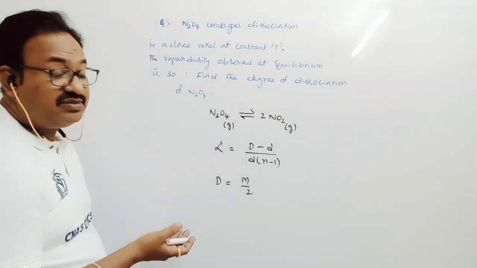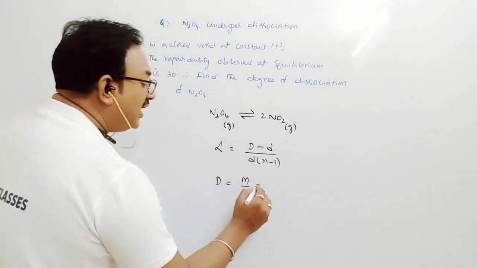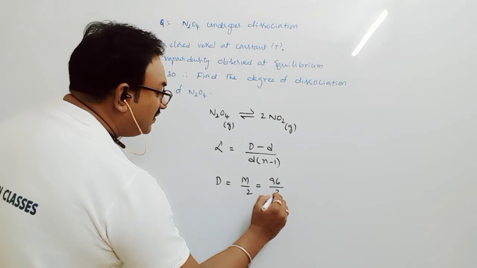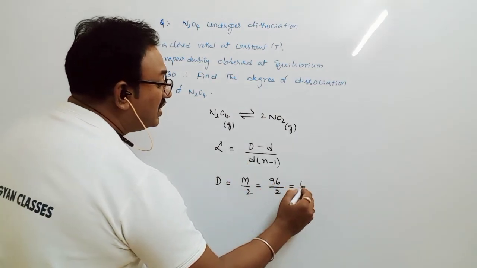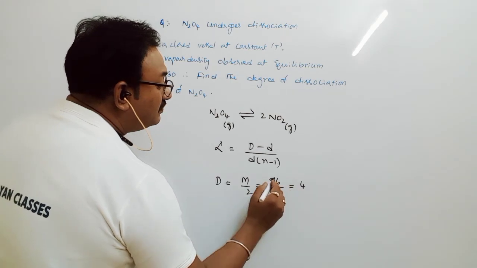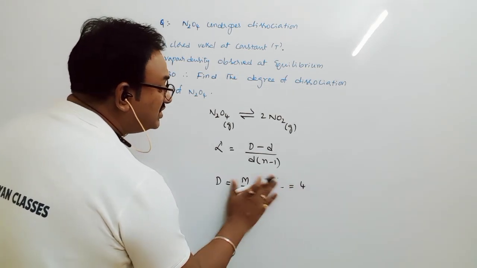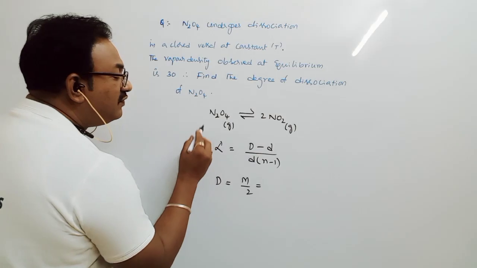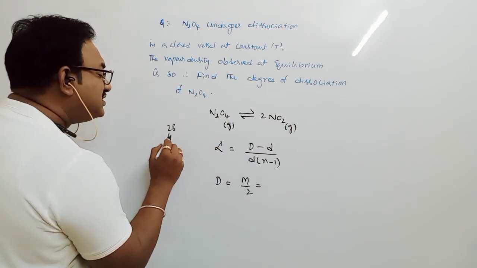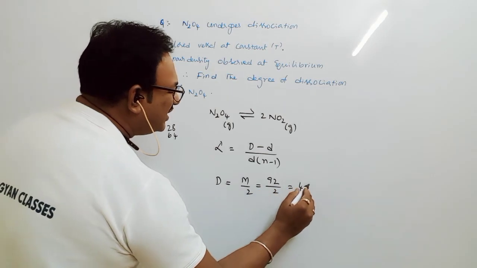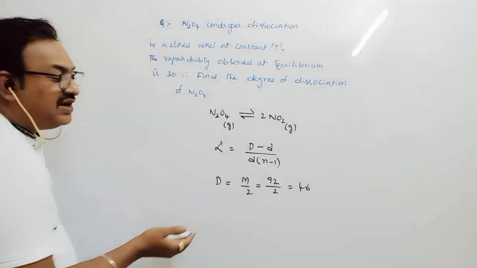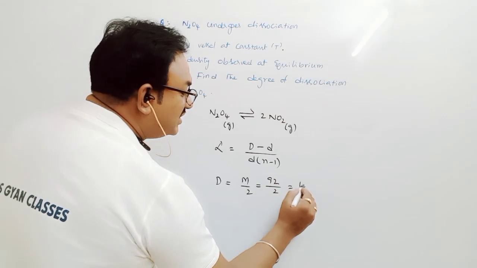Initial vapor density means molecular weight by 2. N2O4's molar mass 28 plus 64. Okay, sorry, 92 by 2 that equal to 46. So molecular weight is 92. That's why vapor density is about 46.